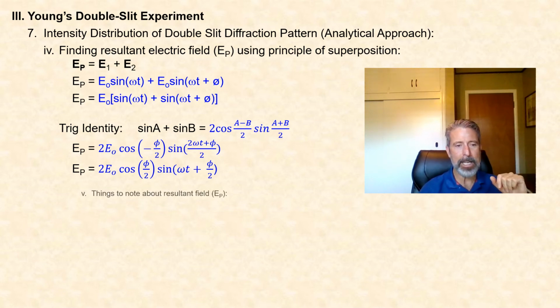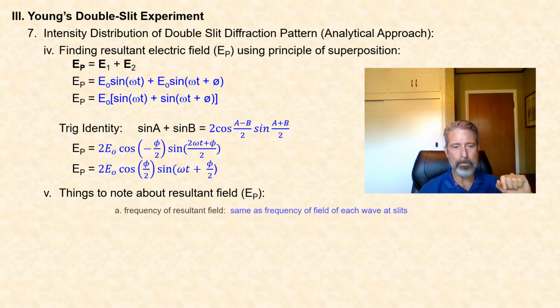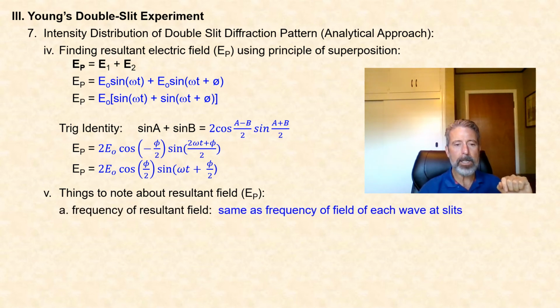So, some things to note about the resultant field, that is the sum of the two fields. First of all, the frequency of the resultant field is exactly the same as the frequency of each of the waves emitted from the slits. Notice that each of those waves has a frequency omega, and the resultant field also has a frequency omega.